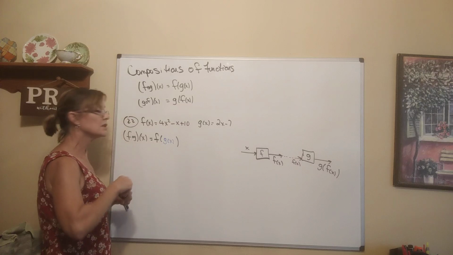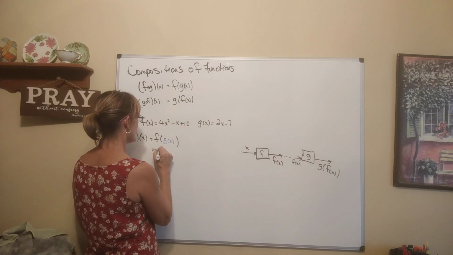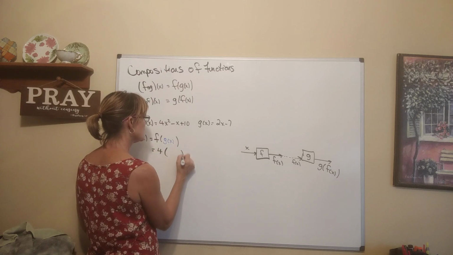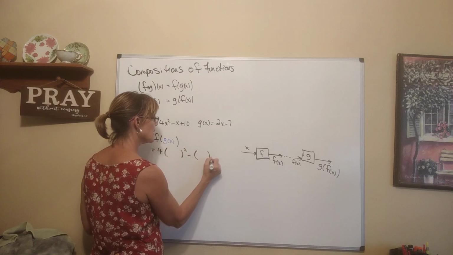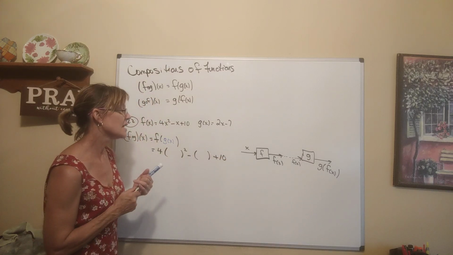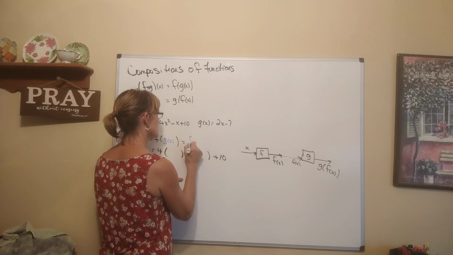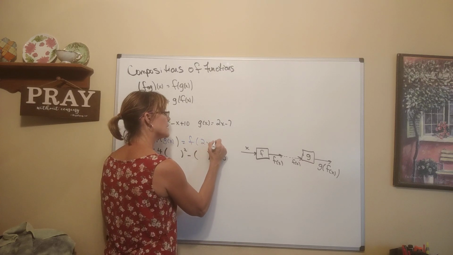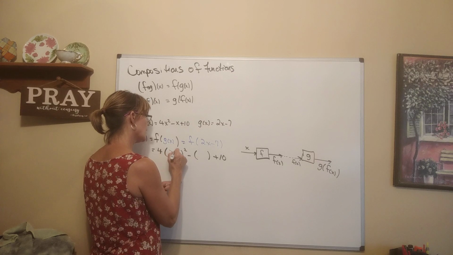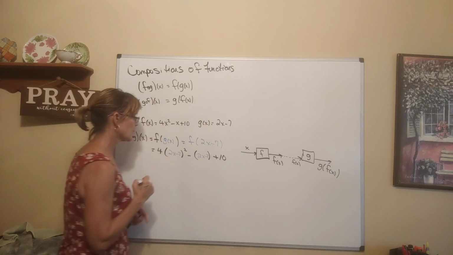So I'm going to go in here to the f function and write 4 times something squared minus something plus 10. But the something that I put in for x is not going to be x, it's going to be 2x minus 7. That's what I'm going to put in here.